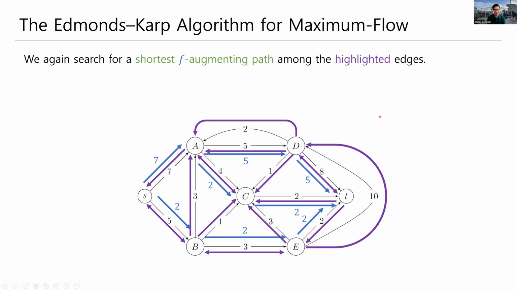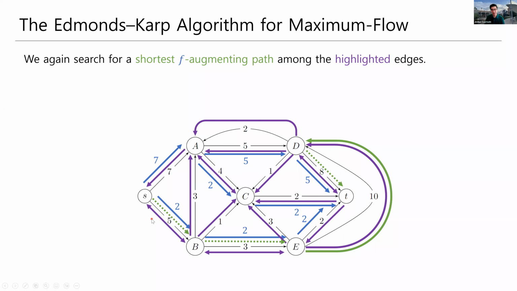Okay, this is where it starts to get very visually overstimulating. There's a lot of arrows happening here. But once again, using the same rules as before, we can determine what edges are allowed by an F augmenting path. Essentially, it just is a backwards edge on this last one that we added because it's fully saturated. Everyone else can go backwards and forwards.